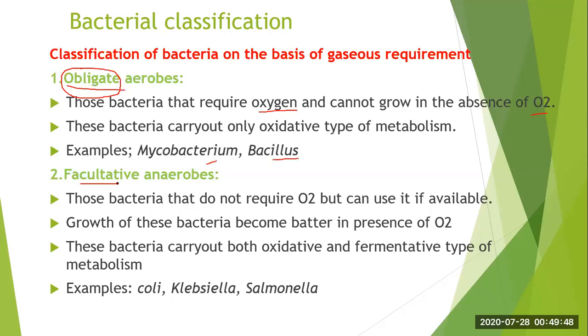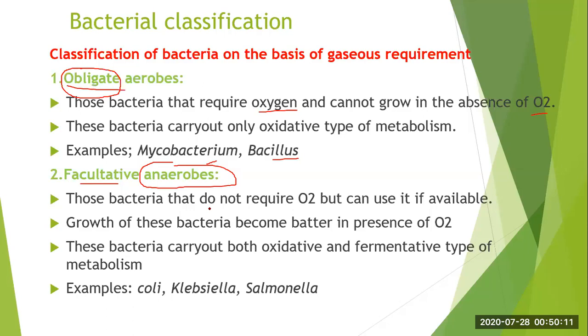Second one is facultative anaerobes. Here is the word anaerobes. That means these kinds of bacteria grow best in the absence of oxygen, but it's not that if oxygen is present, they will die. These bacteria do not require oxygen, but can use it if it is available. That means it is facultative.